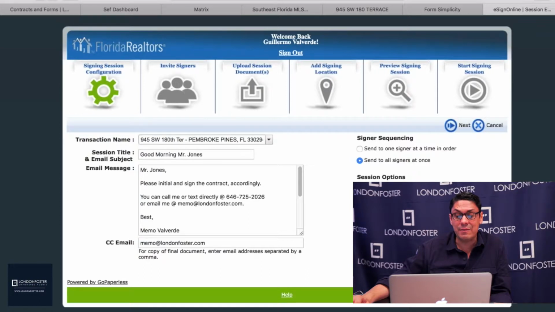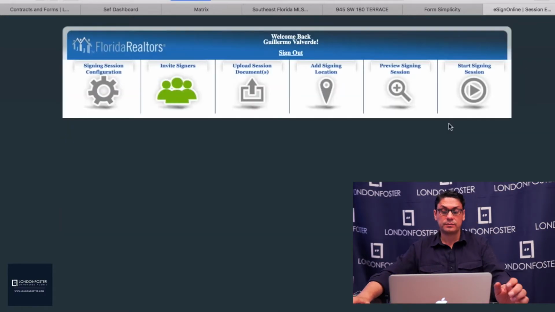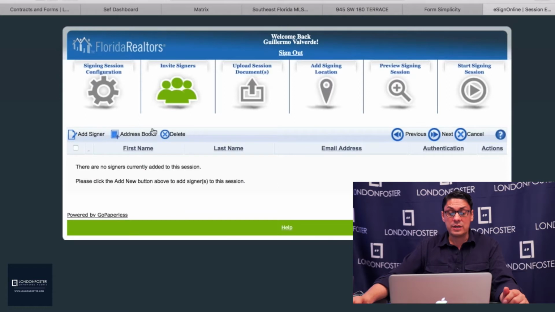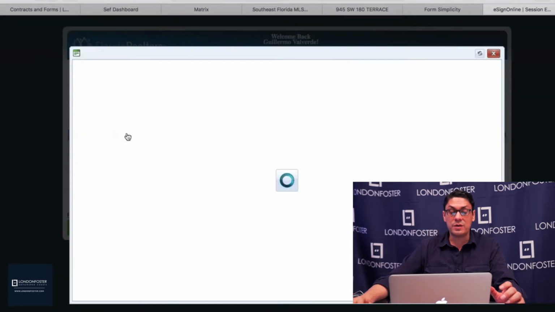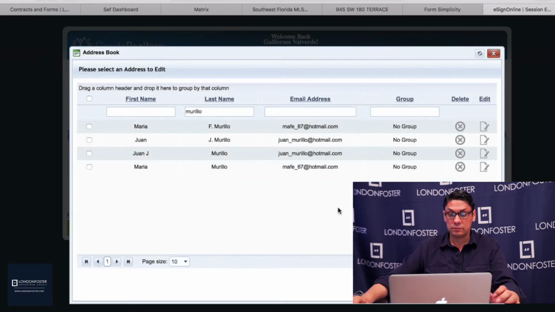Send a CC email or final documents as an attachment. You can do that. And then we're going to go to next. Here, it's going to take me to my address book. From this address book, I'm going to be able to find this owner.